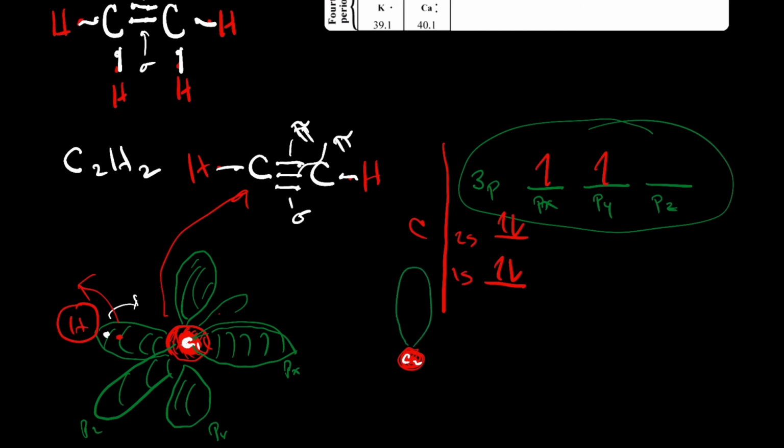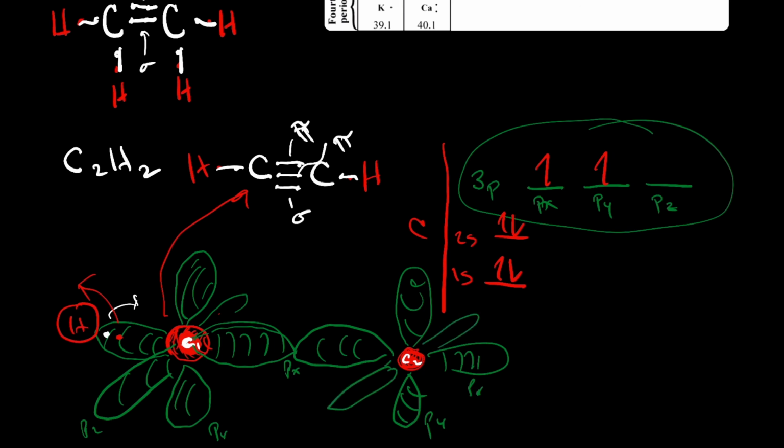It's got a py, okay, py, and it's also got a px, and that px is going to come over and lobe over here. That's also px, and it's also got a pz. Okay, so the pz, that's coming out at you. That's pz.